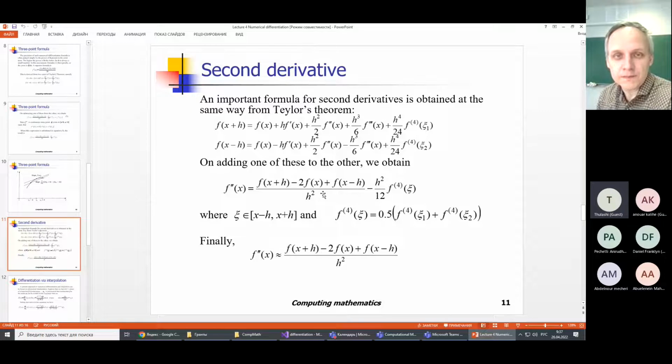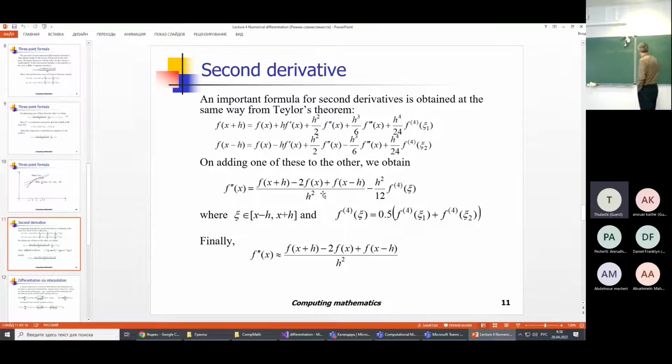And now let's consider one of the formulas for the second derivative. Let me reproduce these formulas here again. f prime of x approximately equals f of x plus h minus f of x over h.